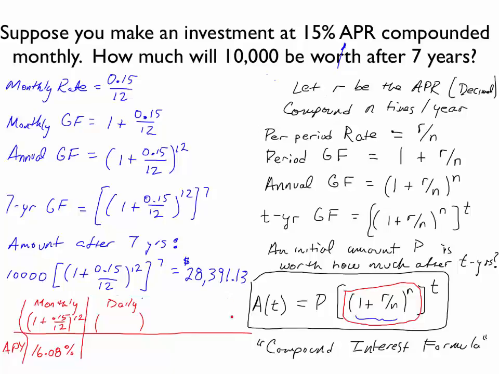So that all starts with the daily rate. What is the daily rate? As an expression, how would you find the daily rate? Yeah, so you would take your APR, and now we're compounding daily, so your daily rate would be 0.15 over 365.